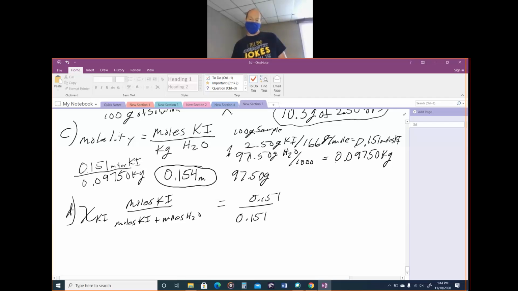We put it into kilograms because that's what we needed for molality. Now we need it in moles. Divide by the molar mass, 18.02. So when you take your mass of water, 97.5, divided by your 18.02 to 3 sig figs, you get 5.41. So that is equal to 5.41 moles of water.